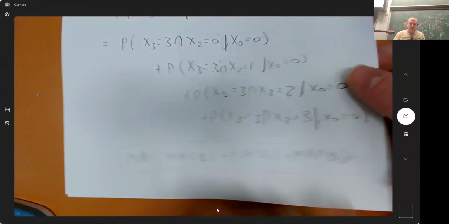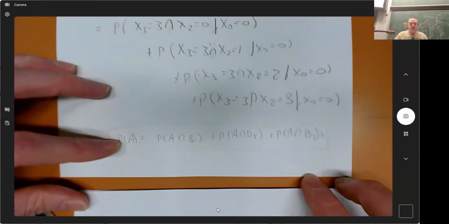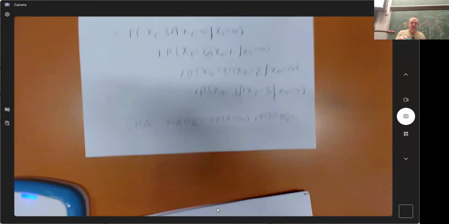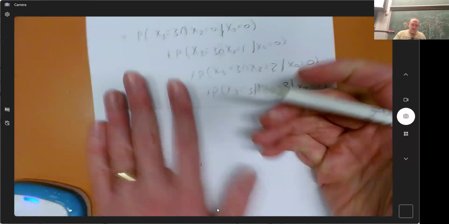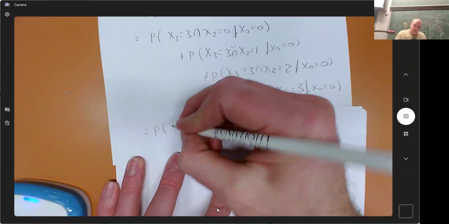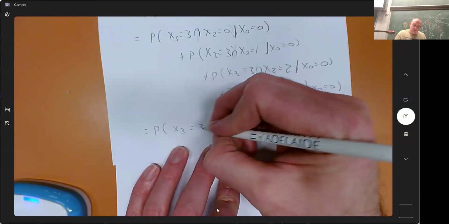And then I'm just going to come a little further away so that I can see both of these at the same time. Then the intersections are the probability of x3 equals 3.